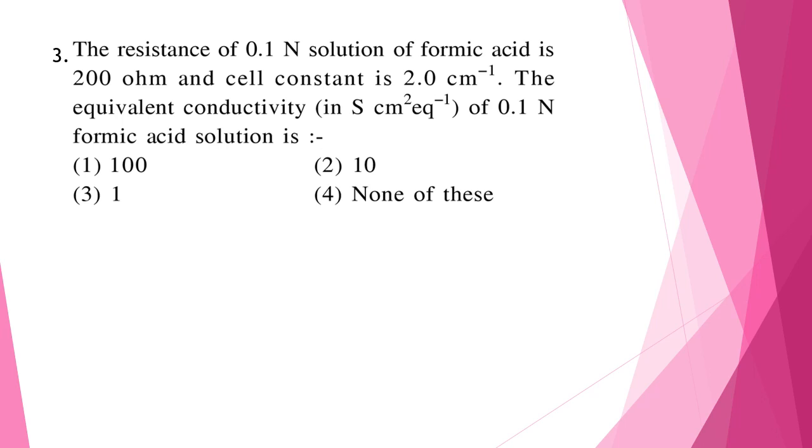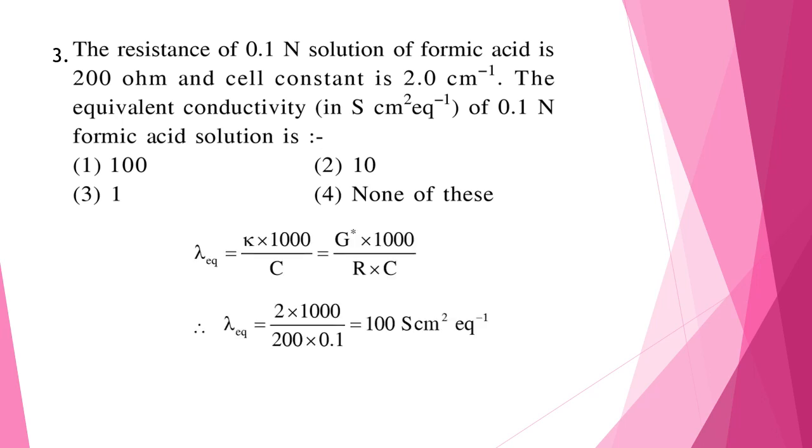Question 3. The resistance of 0.1 normal solution of formic acid is 200 ohm and cell constant is 2.0 centimeter inverse. The equivalent conductivity of 0.1 normal formic acid solution is. Now you know that lambda equivalent is equal to K by C into 1000.